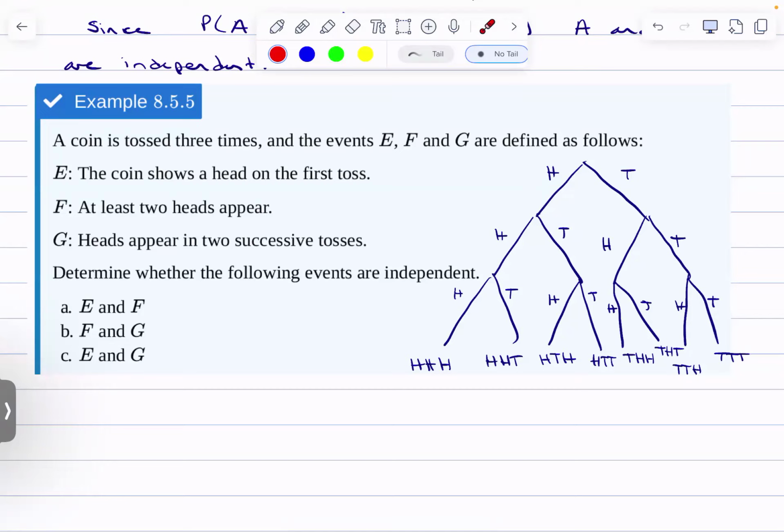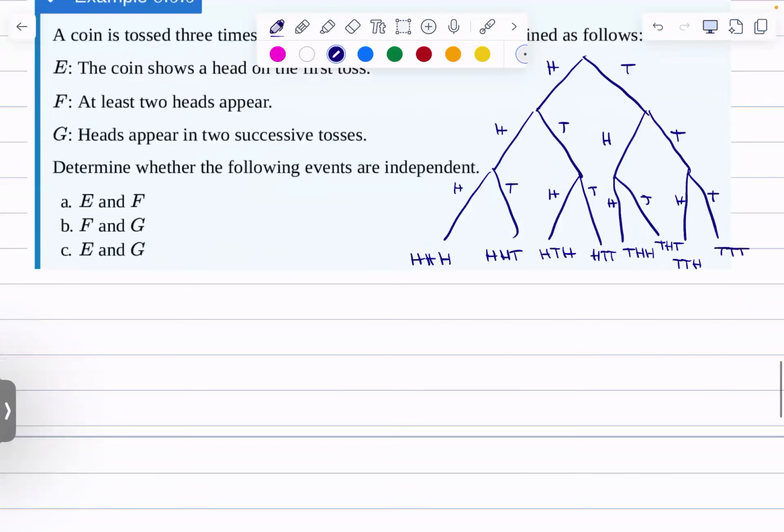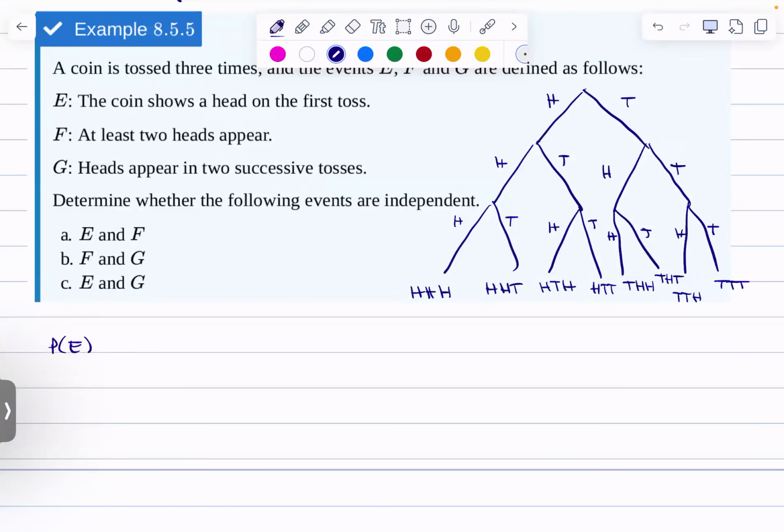Let's find the probability of E. The coin shows a head on the first toss. Okay. And so I've got 2, 4, 6, 8 possible outcomes. And 4 of those have a heads on the first toss. And then who cares what happens, right?